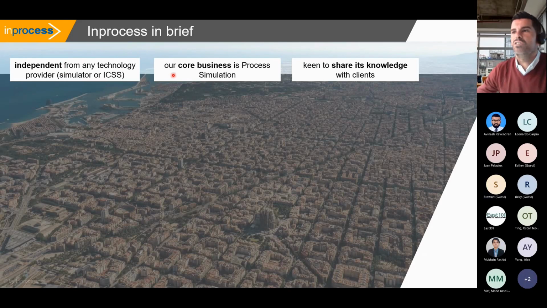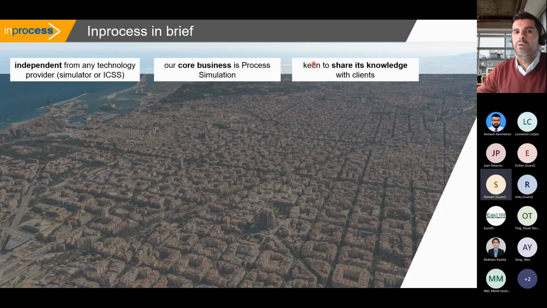It's important to mention that, same as our partner IS 101, our core business is process simulation services. That means that we are a pool of simulation engineers focused and specialized on deploying projects around process simulation services. That means supporting engineering companies, operating companies, technology providers, and equipment manufacturers along the different life cycle of a project or plant design, right?